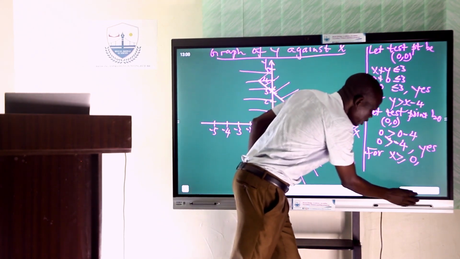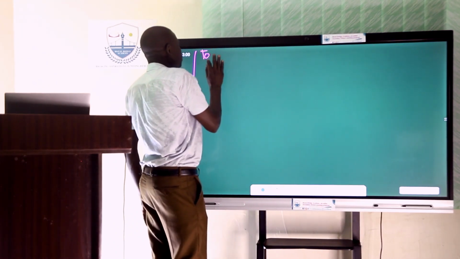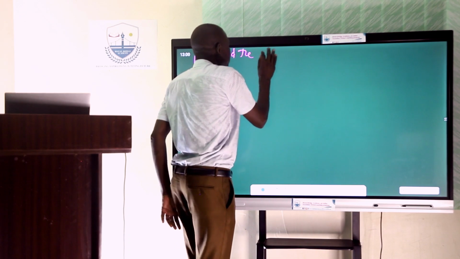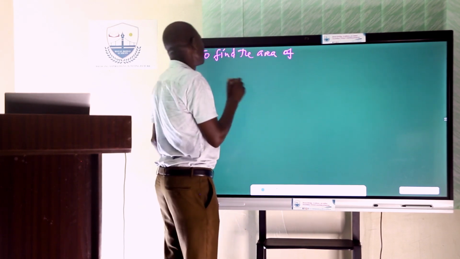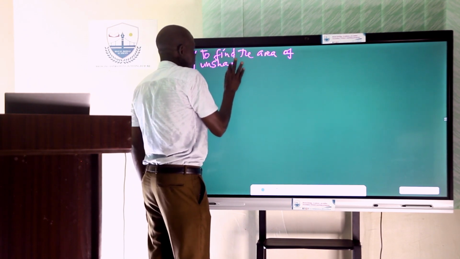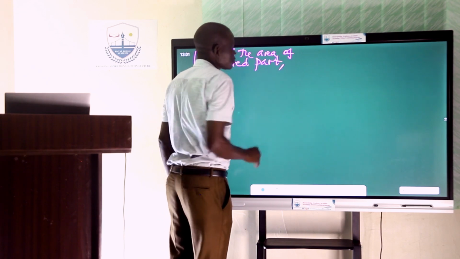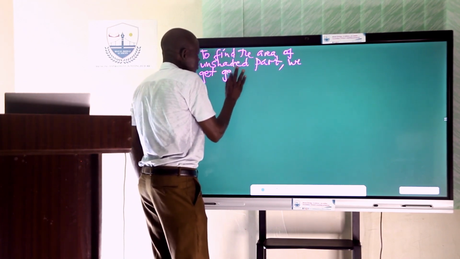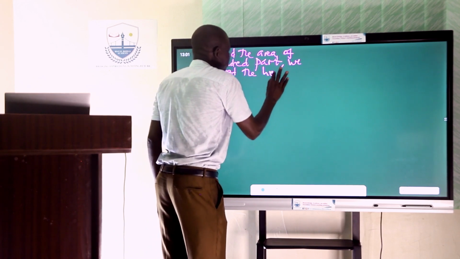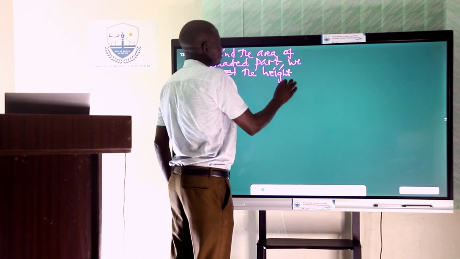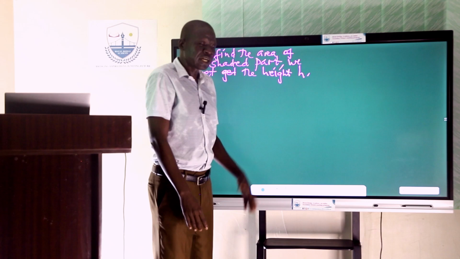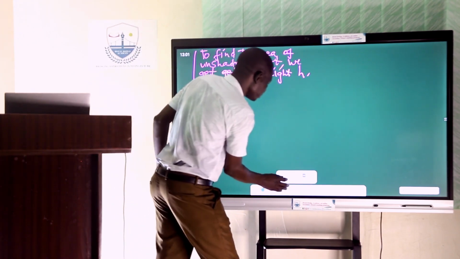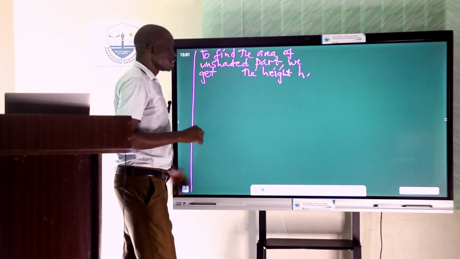So let us see. To find the area of the unshaded part, we get the height first, which is h.